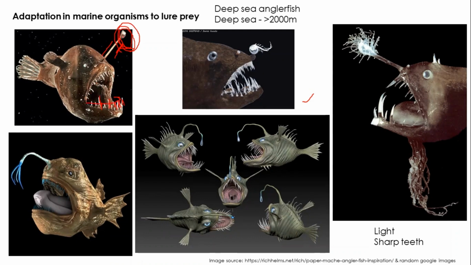So when the prey gets lured by the stalk having the light, the anglerfish will attack and prey on it, right? Here are different photos of anglerfishes, and this is also a paper description done by an artist. You can see that they have adapted a light, and very sharp teeth in the deep sea, right?